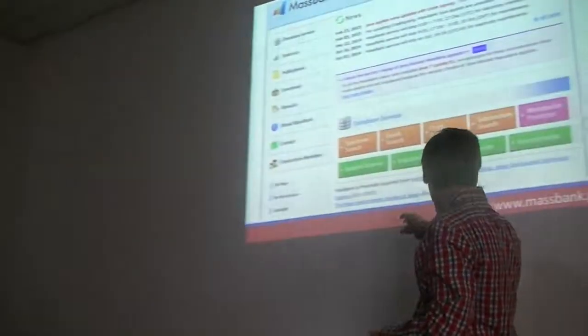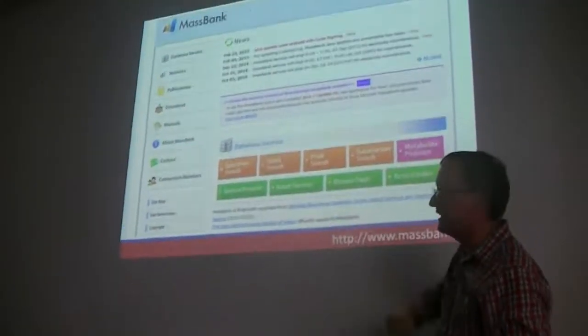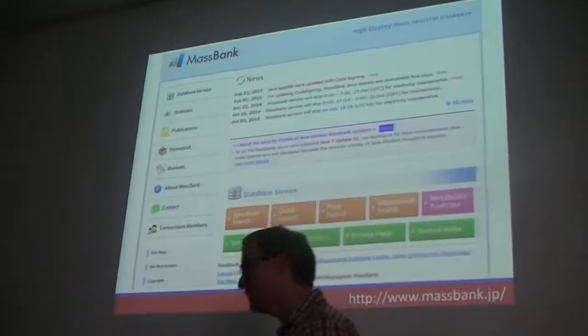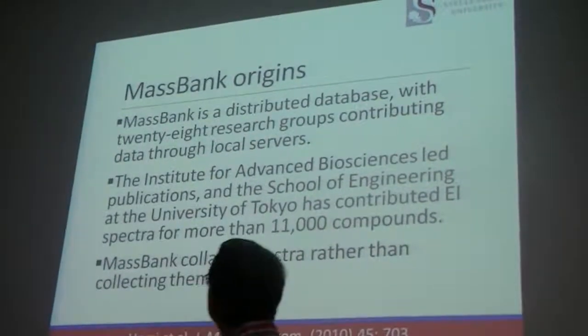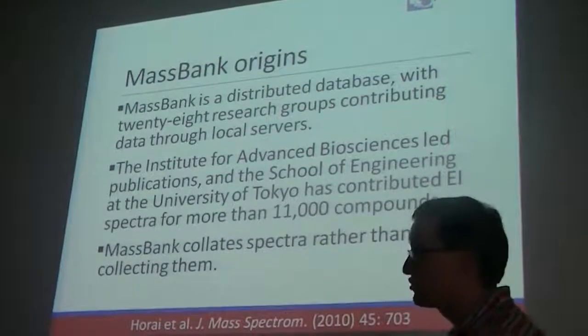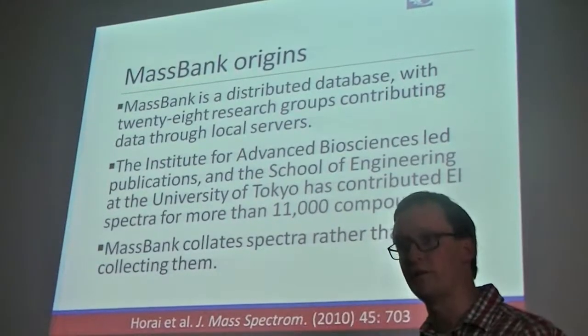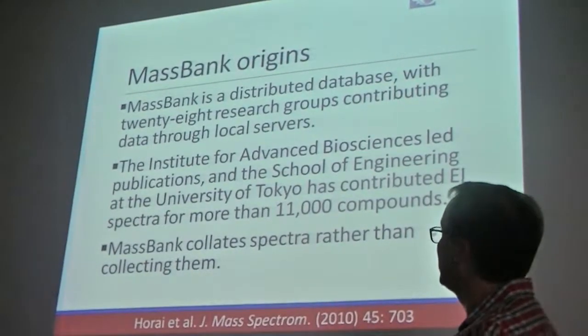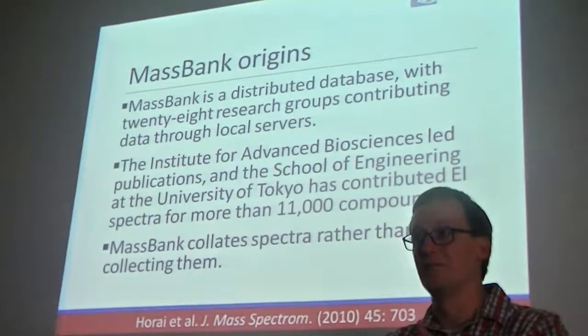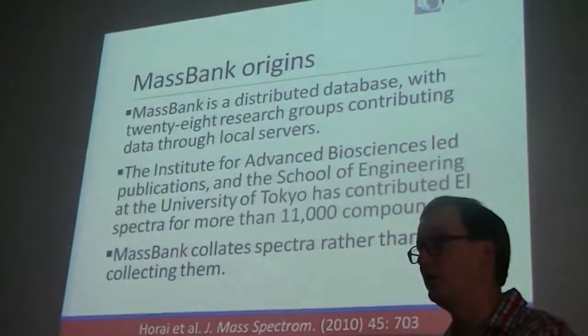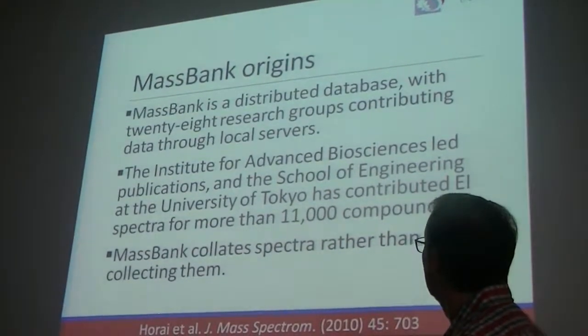The MassBank of Japan, though, has also put quite a lot of effort into building libraries of metabolic compounds. It's distributed. They've got 28 different research groups that each operate a part of this database. So you can think of this as a kind of federated data system. That's actually quite hard to engineer well, but it's something that they've done here.